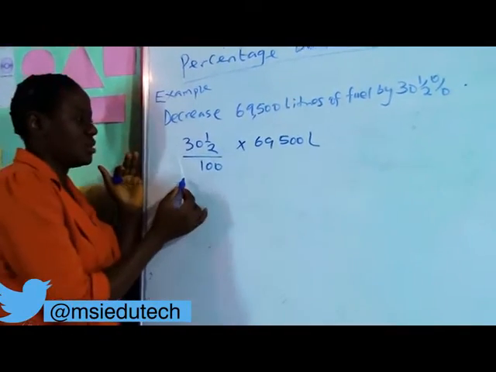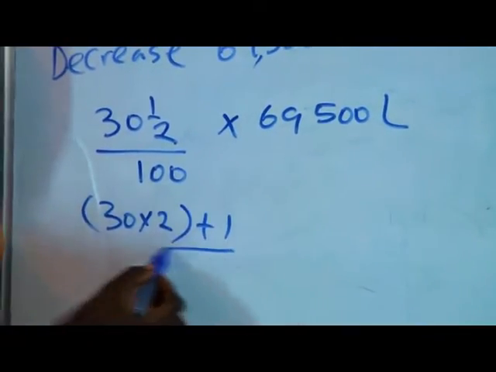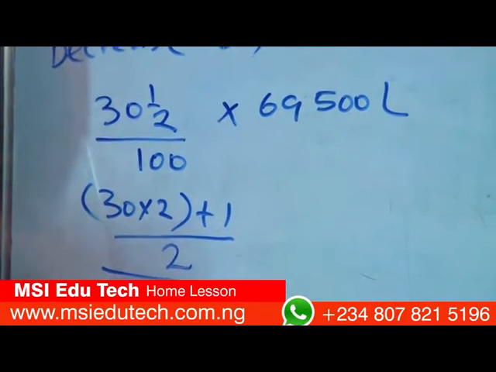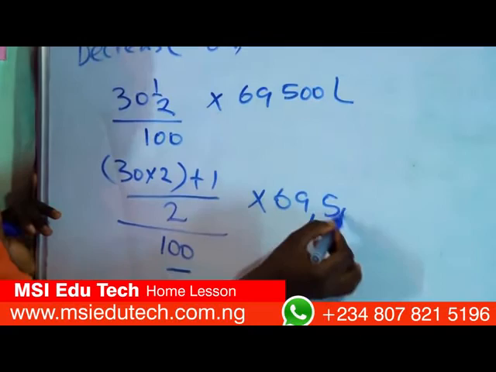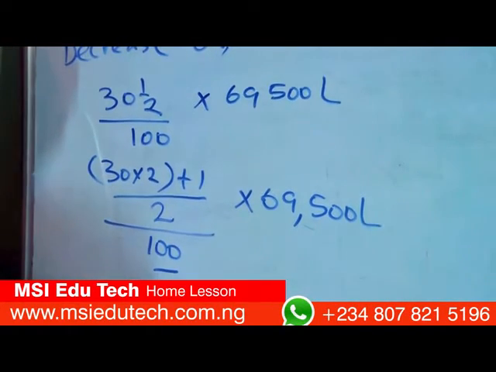We change it. 30 times 2 plus 1 all over 2 all over 100 over 1 times 69,500 liters. So 30 times 2 is 60.